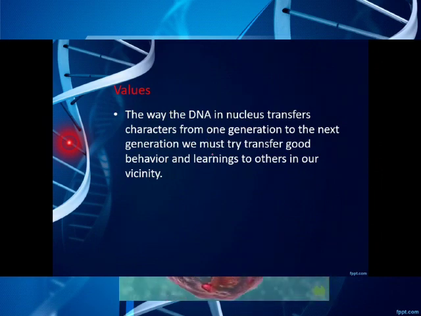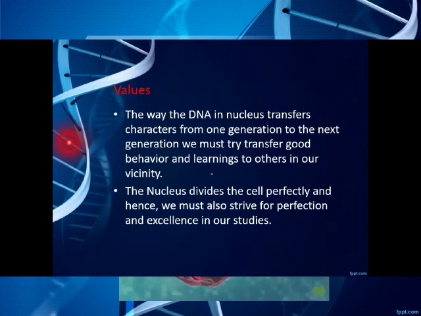Similar to this DNA, you can also transfer good behaviors and learning to others who are living in your vicinity. And the way nucleus divides perfectly, if nucleus does not divide perfectly, it will lead to various diseases and deformations, and hence the way the nucleus divides, even you have to strive hard for perfection and excellence in your studies.